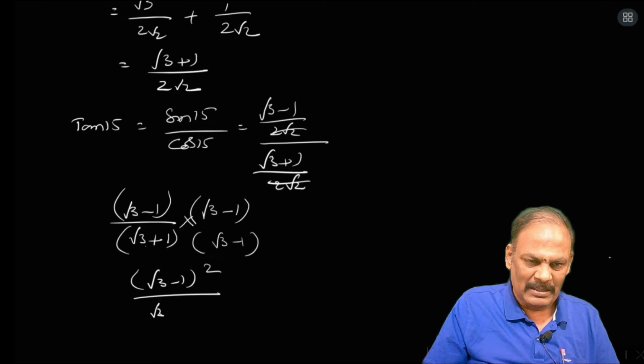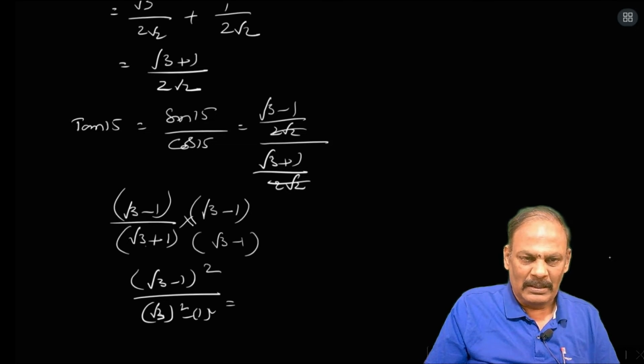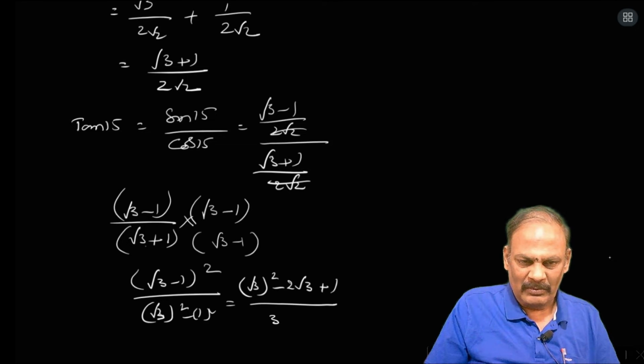The denominator is in the form of a plus b into a minus b, that is a square minus b square. The numerator is expanding in the a minus b whole square form: root 3 whole square minus 2 into root 3 plus 1, whole by 3 minus 1.